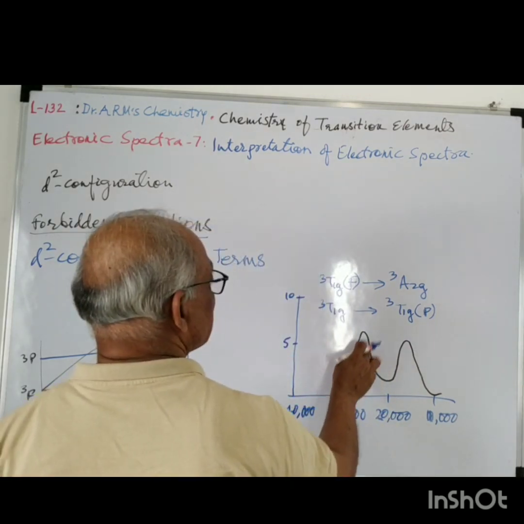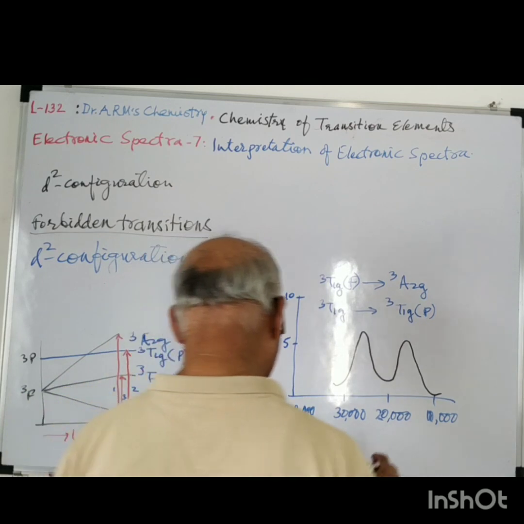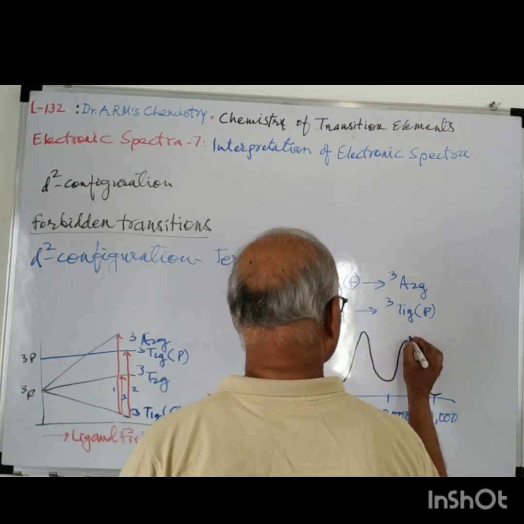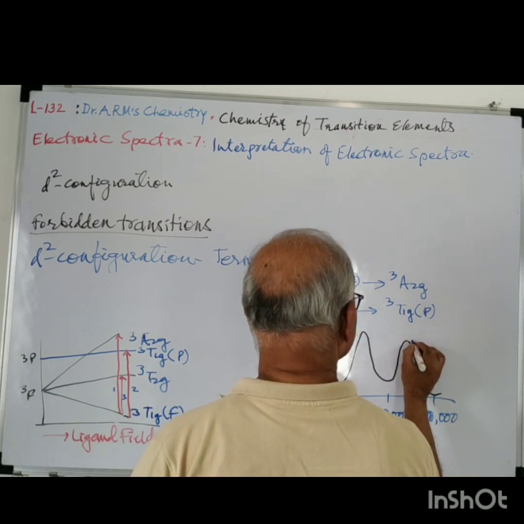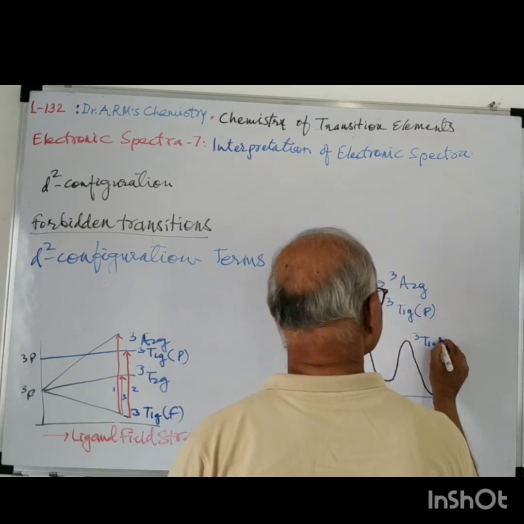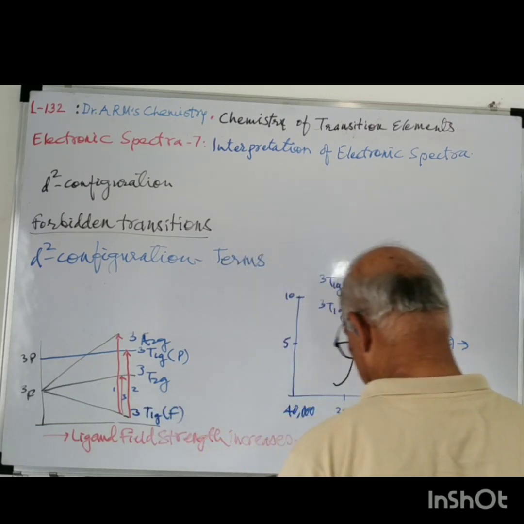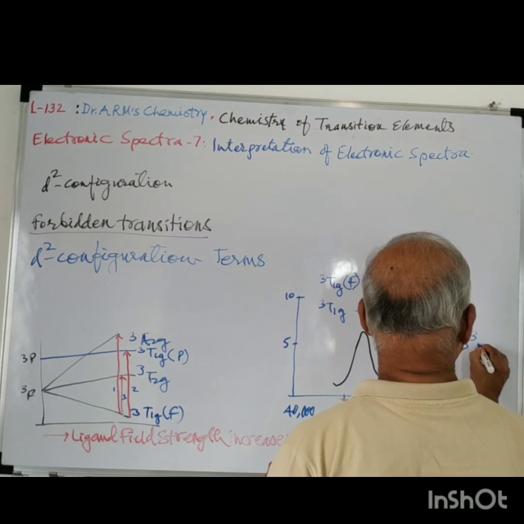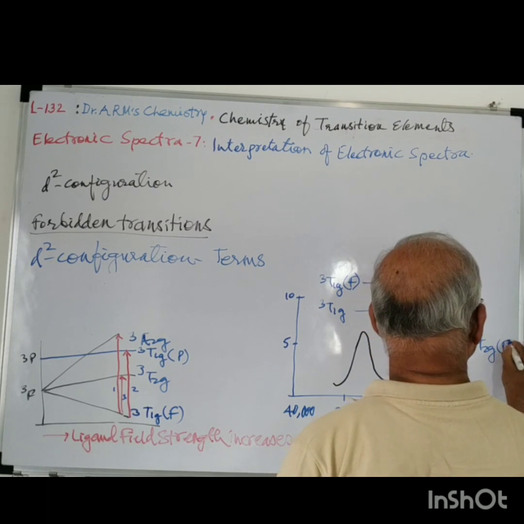These two bands arise here, and the third band, of lower energy, is represented as triplet T1G of F to triplet T2G of F.